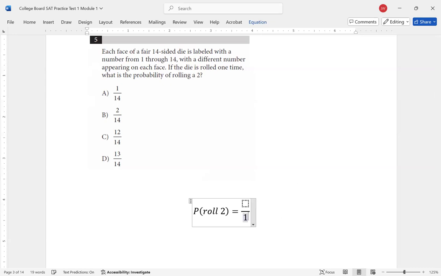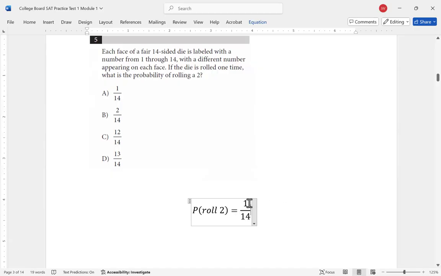all the numbers have an equal chance of showing up. Therefore, since there are 14 numbers, the denominator is going to be 14. Now there's only one number 2 on the die, so therefore the chance of rolling the number 2 is 1 divided by 14, or 1 out of 14. That's classical probability.